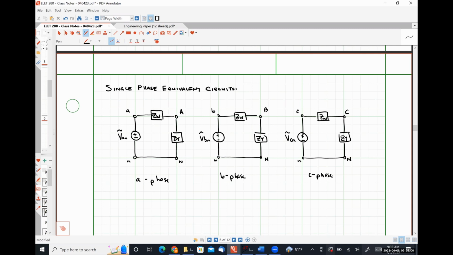So let's talk very briefly about what quantities we can solve for using these equivalent circuits.